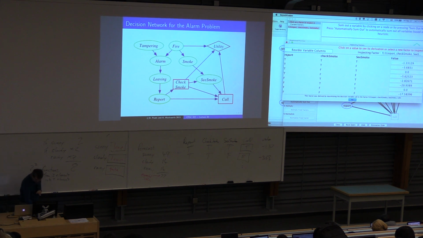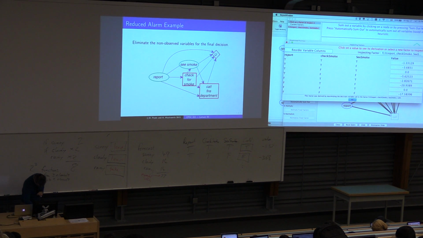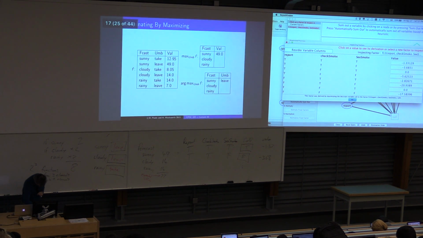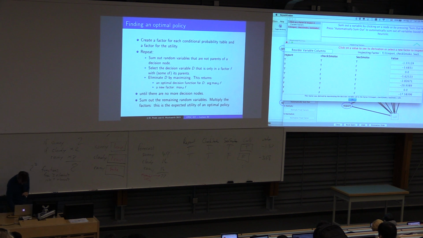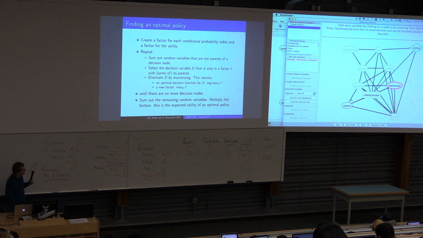Let's go back here. All right, so where are we up to? What are we going to do now? We've eliminated call by maximizing. There are still more decision nodes, right? So we've got to sum out a random variable that's not a parent of a decision node.